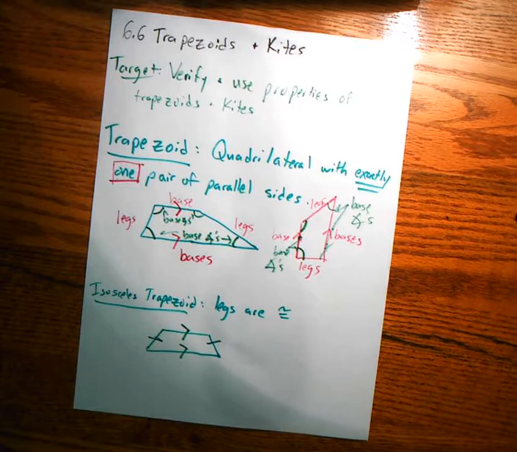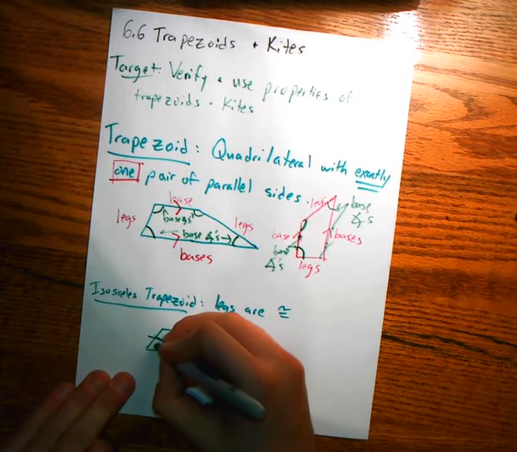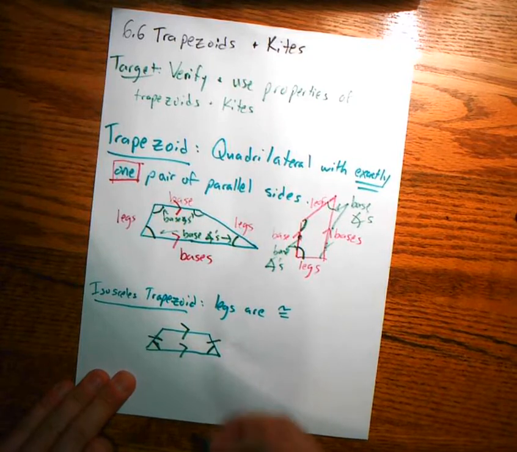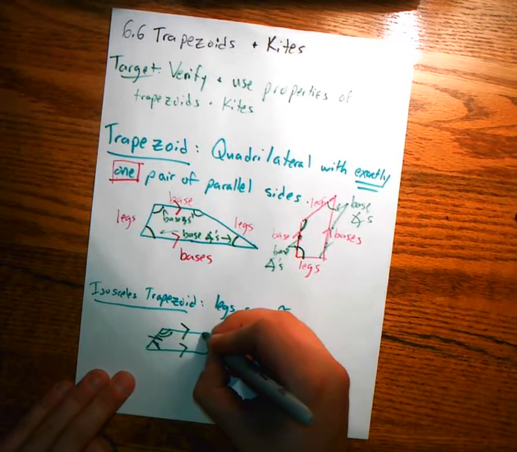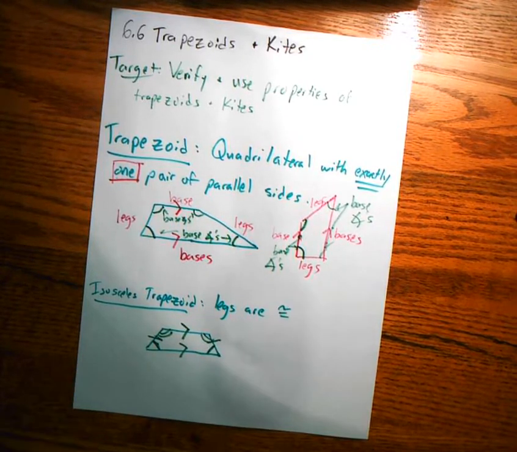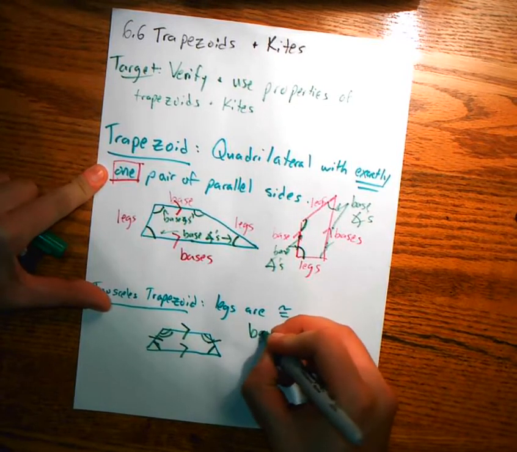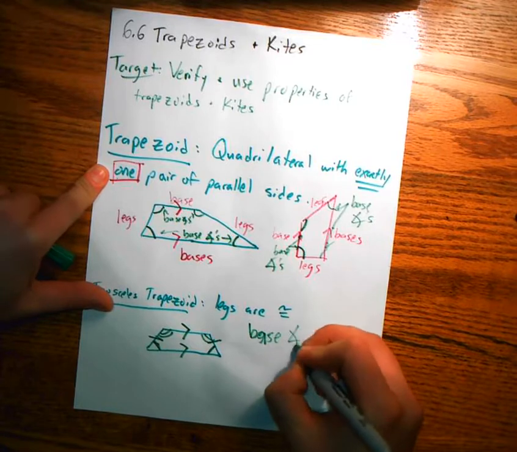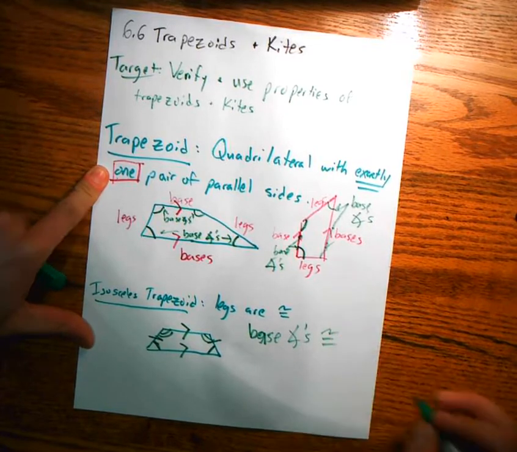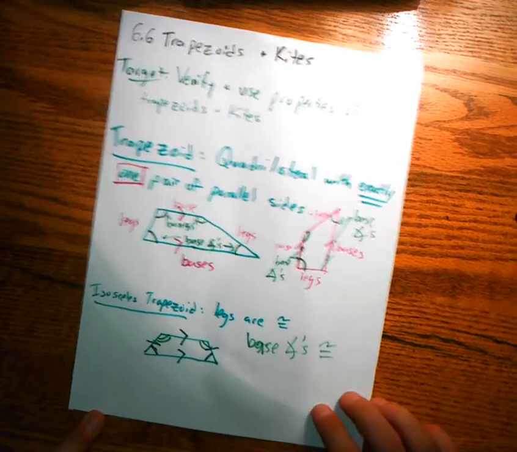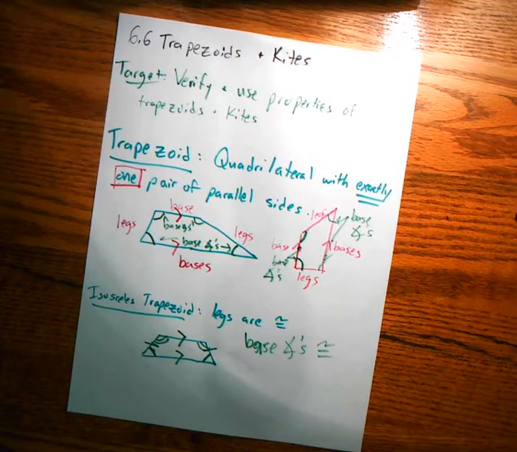And since we have an isosceles figure, that also means that this angle is congruent to this one, and then the top base angles are congruent with the other ones. So in an isosceles trapezoid, base angles are congruent every single time. Not these two and not those two. The base angles are the ones that are congruent to each other.